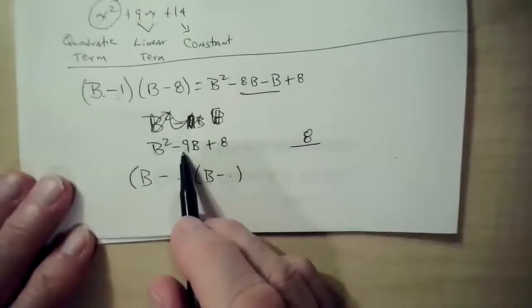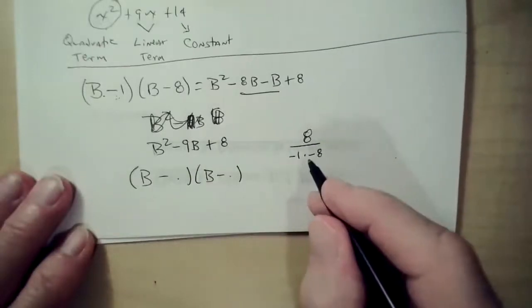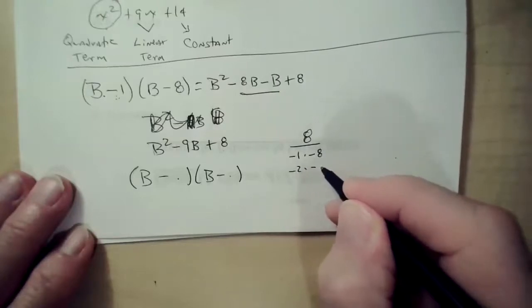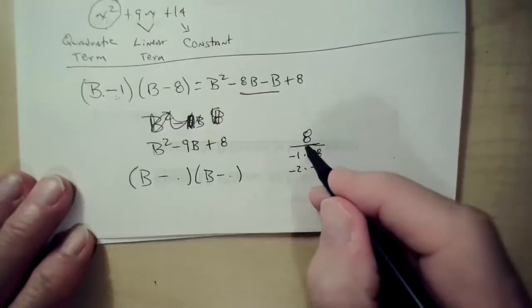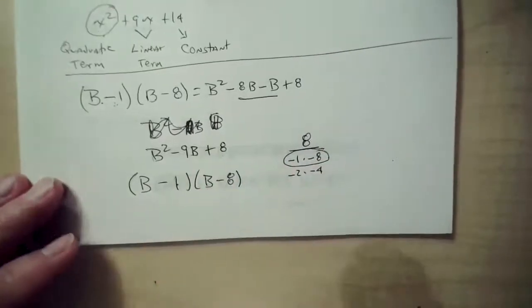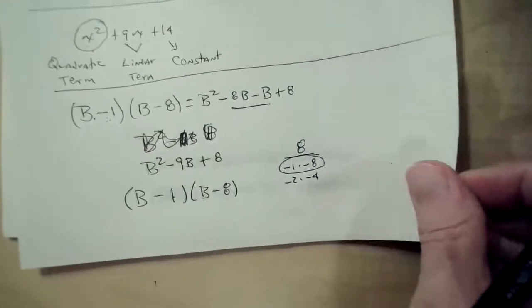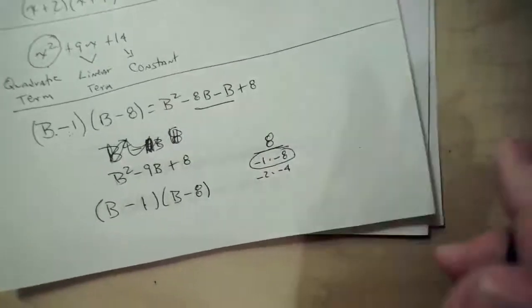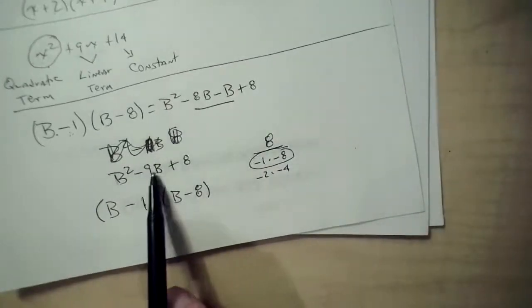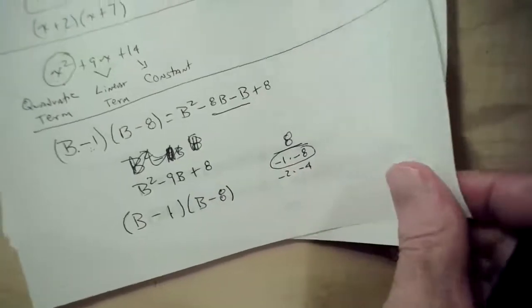So now we want the factors of 8 that combine together to give us negative 9. We have negative 1 times negative 8. Negative 2 times negative 4. No, it's negative 1, negative 8. Because the linear term is negative and the constant's positive, it's going to look like that.